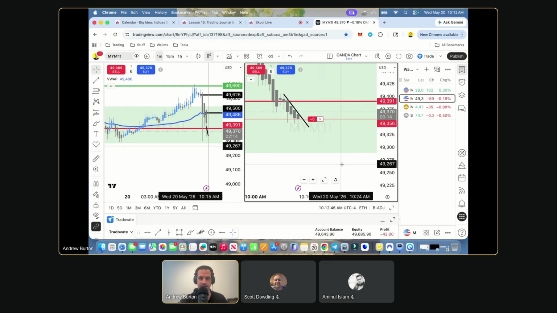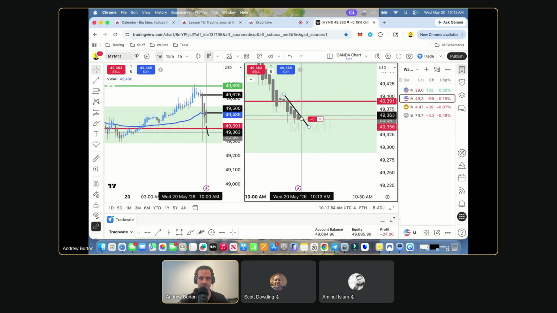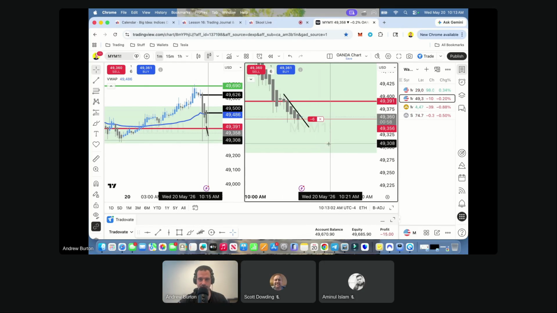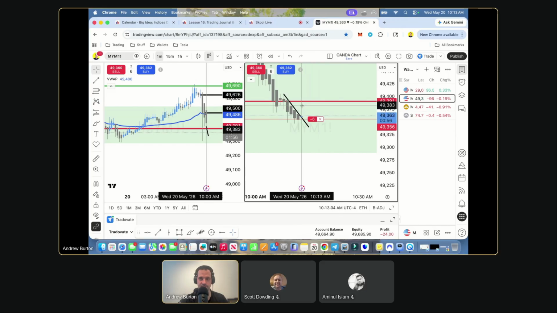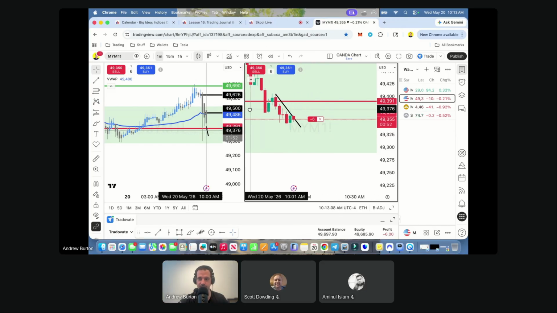Okay, so now it's kind of going against me, but I'm okay for it to come up here because I kind of feel it needs to come up a bit and then come back down. But this is where I want it to go, is all the way down here. If it comes down here, that is good. So it's fine if it comes up and grabs some liquidity. You can always do things like this and just check for fair value gaps.